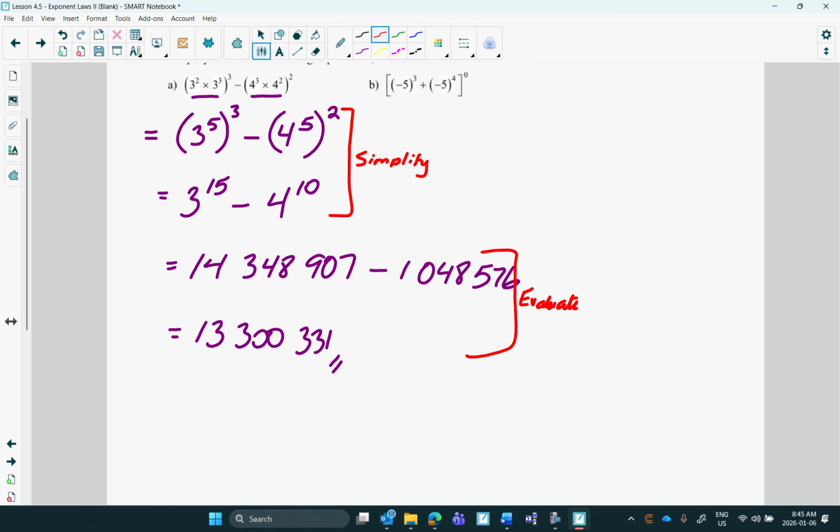For B, not yet. You should be able to get the answer in less than 5 seconds. Look at the entire question. You actually don't need to use a calculator at all.